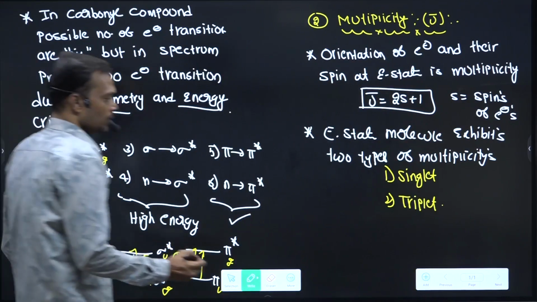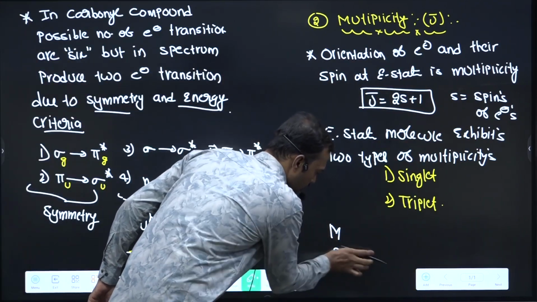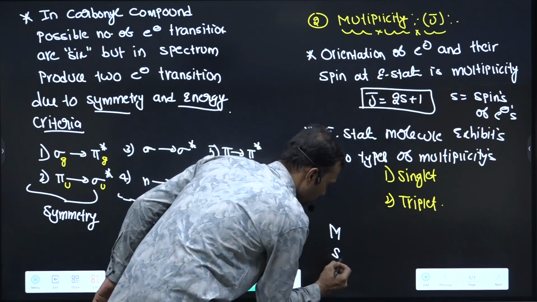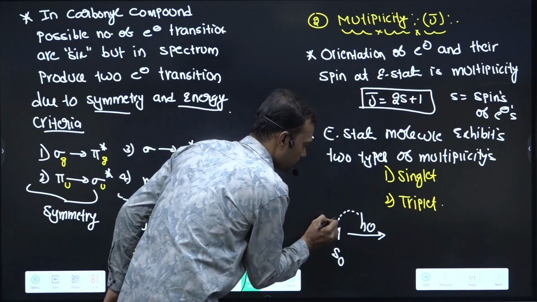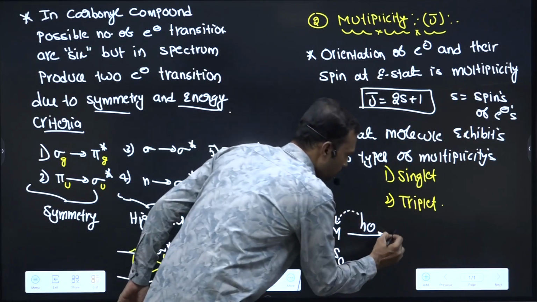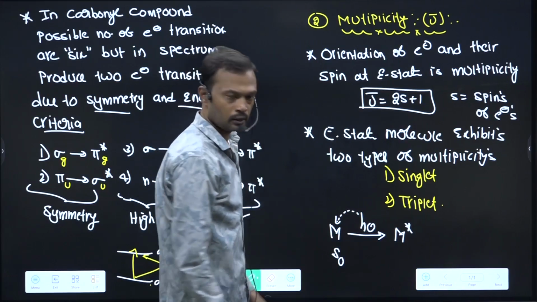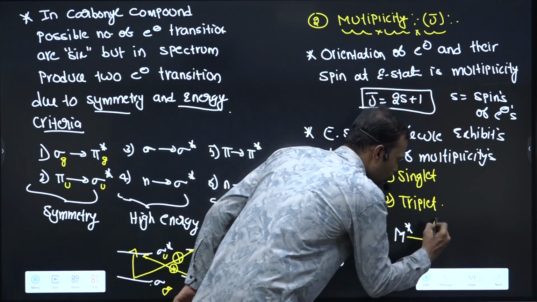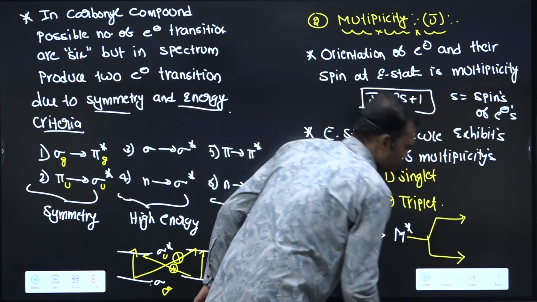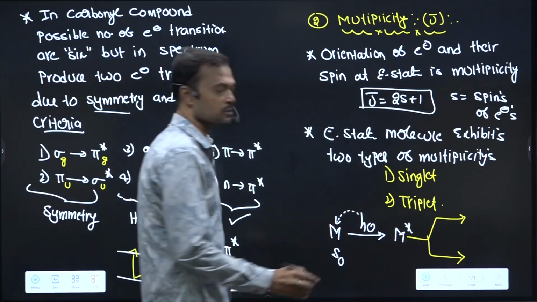When any ground state molecule, this is ground state, S0, is photochemically irradiated, this molecule becomes excited. This is called an excited molecule, and it has two types of multiplicities.